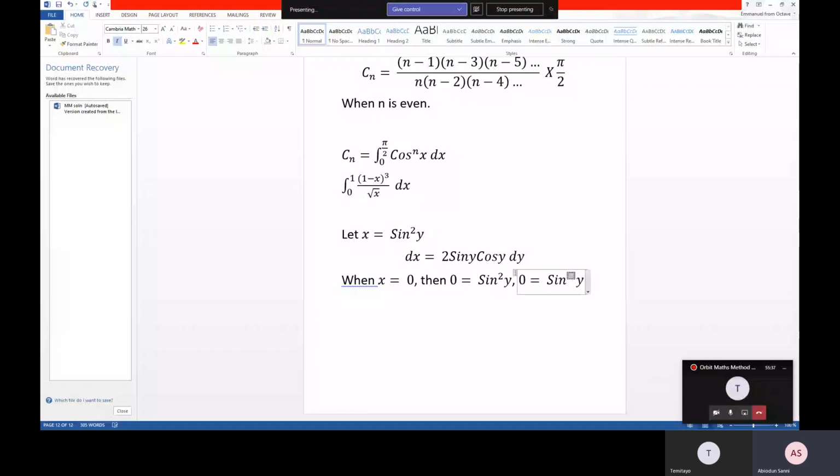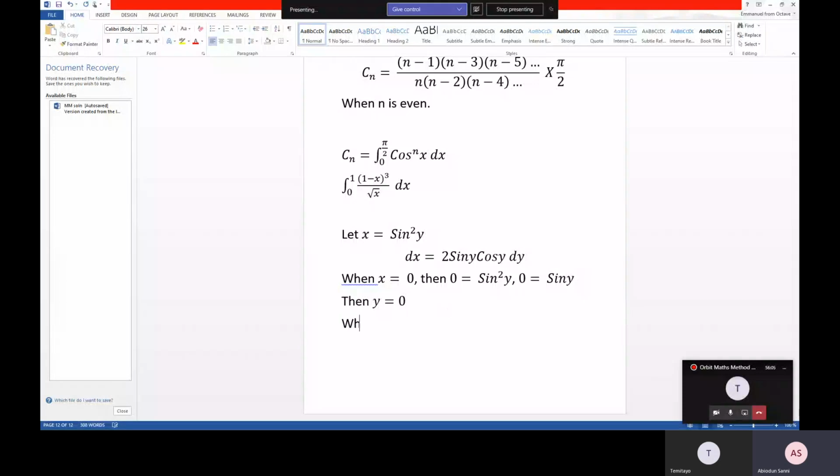So if sin y is equal to 0, what's y? y is 0, because y is going to be arc sin 0, which is actually 0. So you have found the lower limit for y. When x is 0, y is 0.